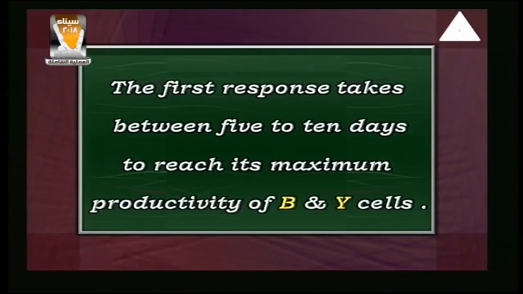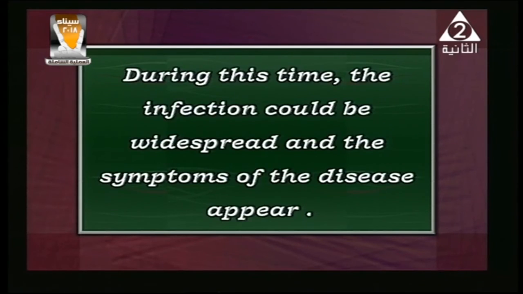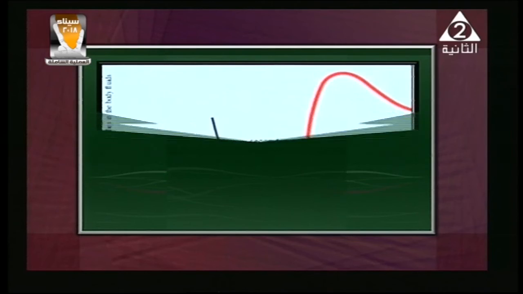The first response takes between 5 to 10 days to reach its maximum production of B and T cells. But during this time, the infection could become widespread and the symptoms of the disease will appear.